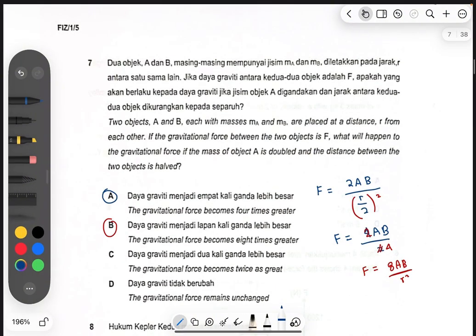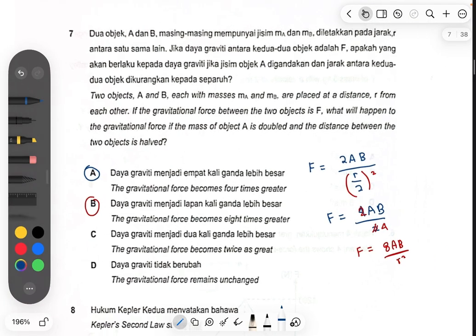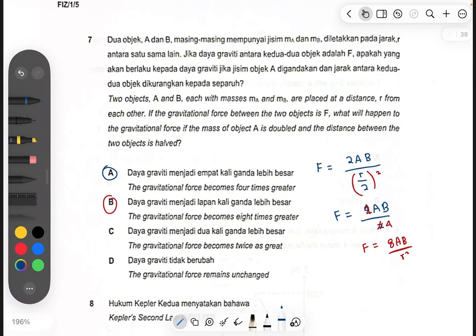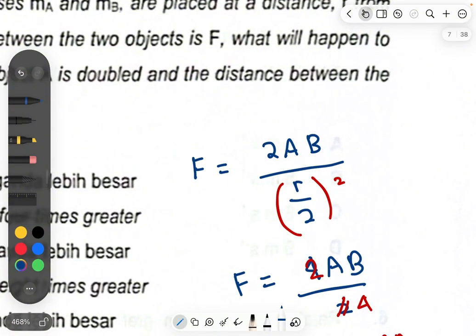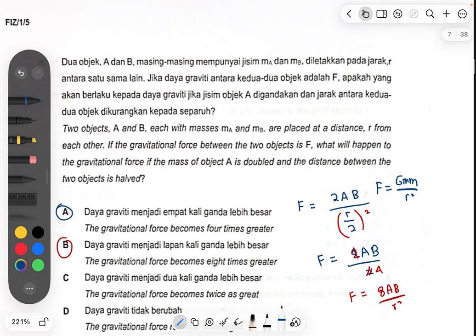Okay, next. Oh, I did this yesterday. My own careless mistake. This is quite easy. I just forgot that the formula for gravitational force is Gmm over r squared. So all you have to do is just substitute.